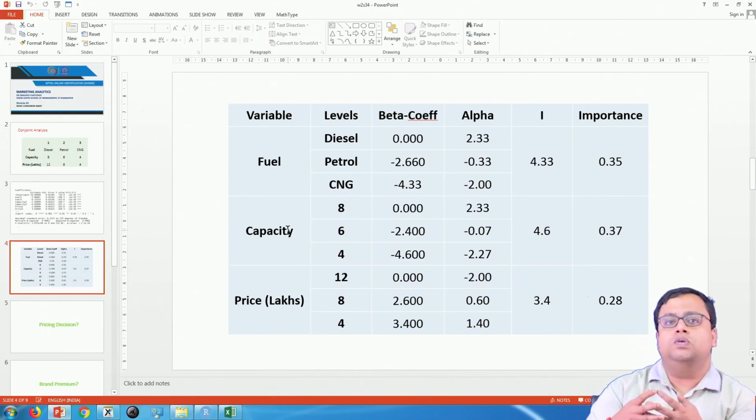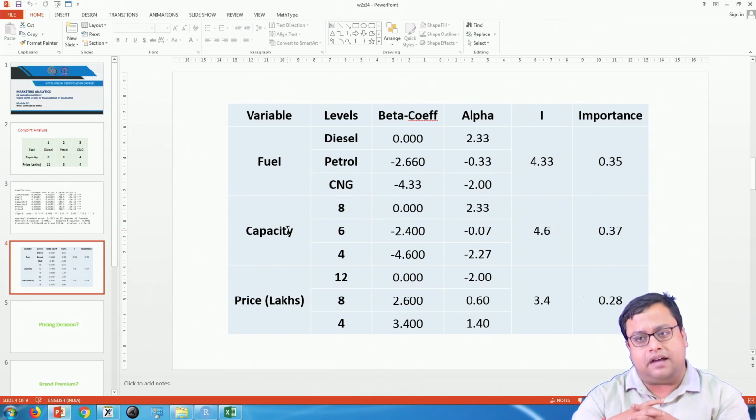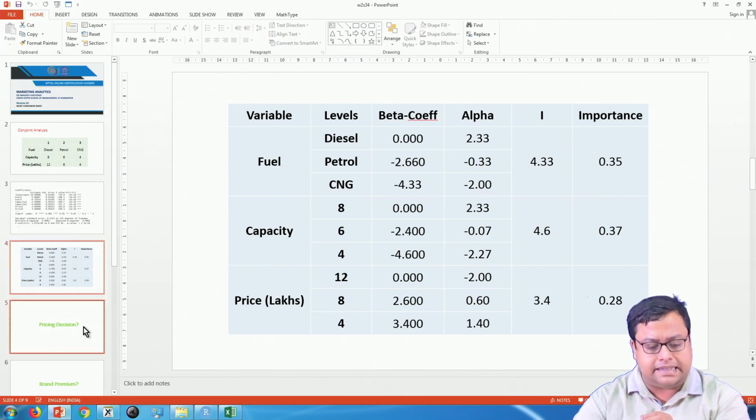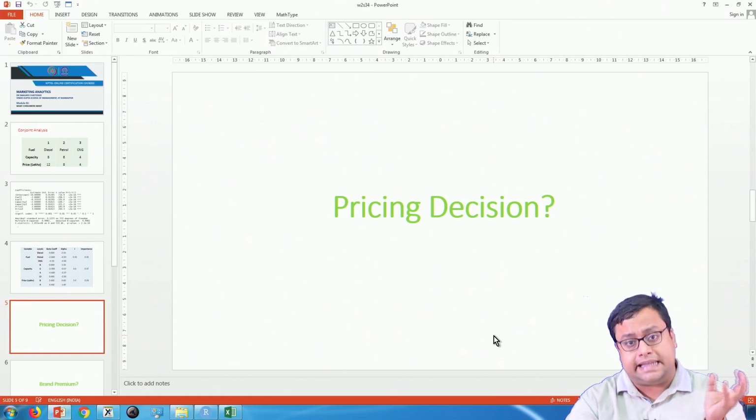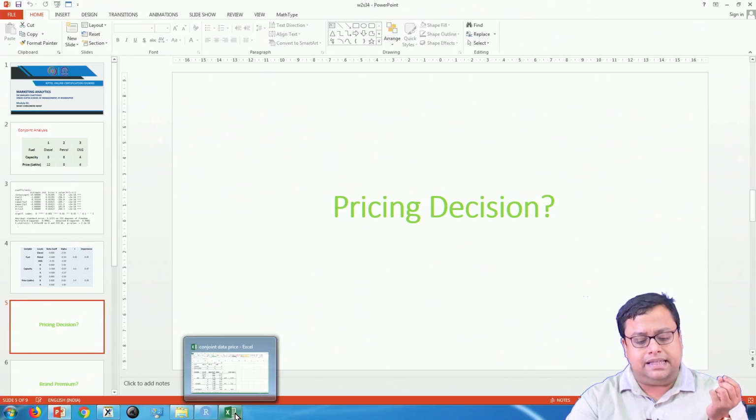Now, I will show you there are lots of different stuff that we can do using this conjoint analysis, and there are 3-4 things. The first thing that I will talk about is something called a pricing decision. So, how I can use this particular thing to decide a price of a product. One thing is simple here.